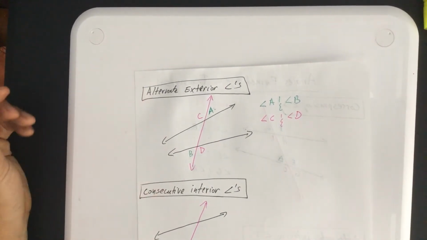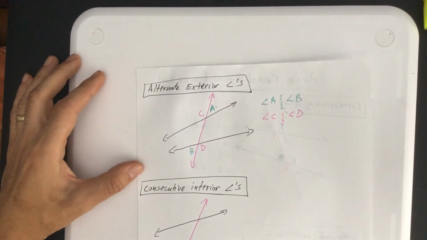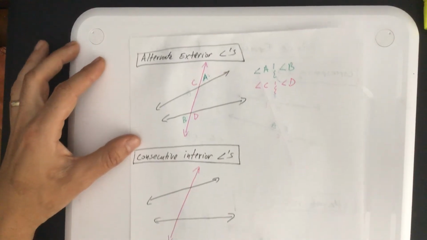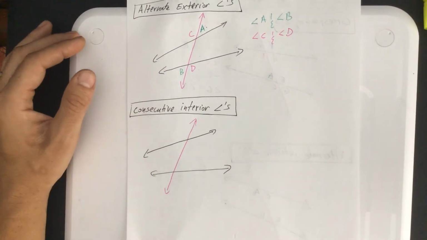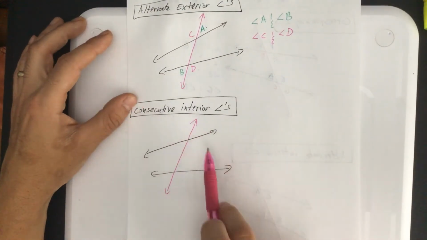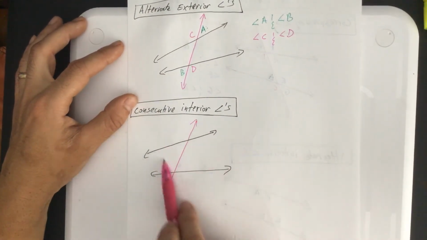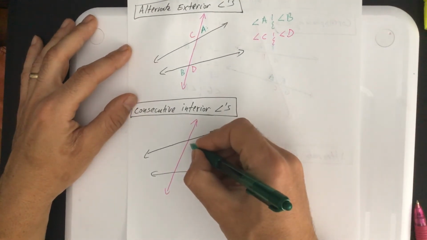Right? Now we're going to go to consecutive interior. Consecutive interior angles are on the same side of the transversal, and they're on the inside because they're interior. So in this case, let me use a different color here.